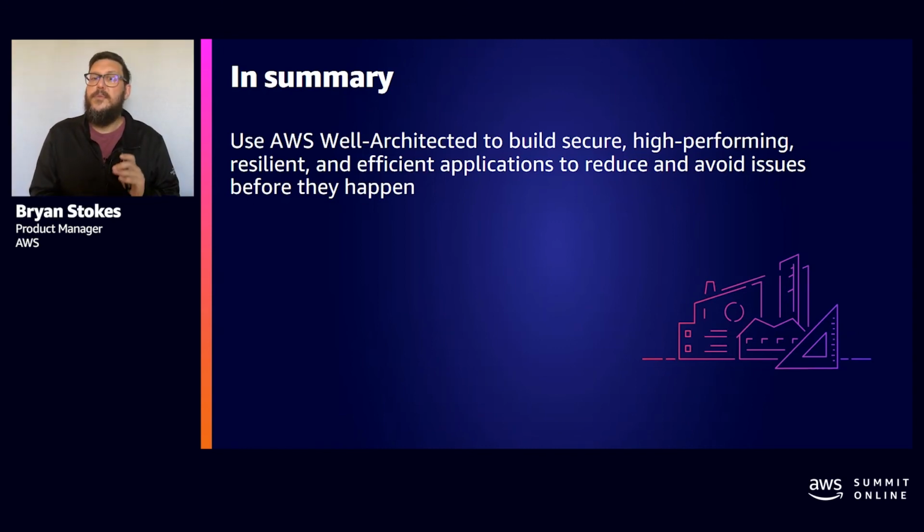Our goal is to help you improve your workload's efficiency, security, cost optimization, reliability, and operational efficiency to reduce, or better yet, avoid issues before they happen. As a product manager, I understand that today it's typically unplanned work across your resources if you have to address risks if you're doing reviews later in the game. So the best way to avoid this is to systematically introduce and review these best practices earlier in the workload's lifecycle.